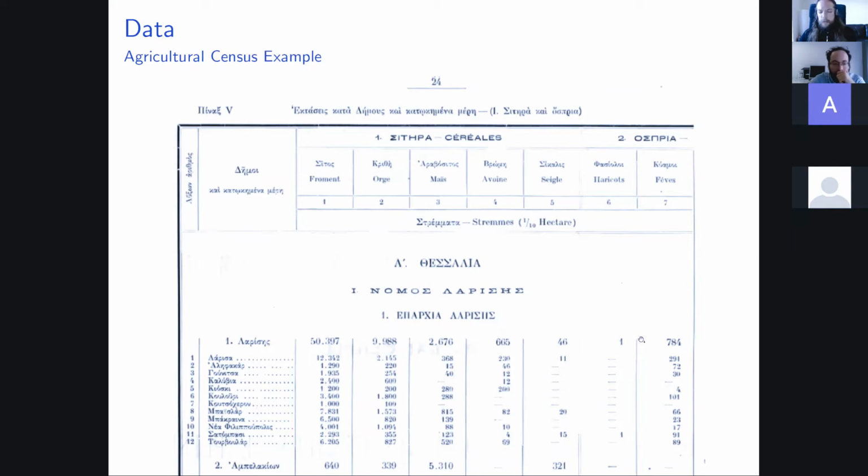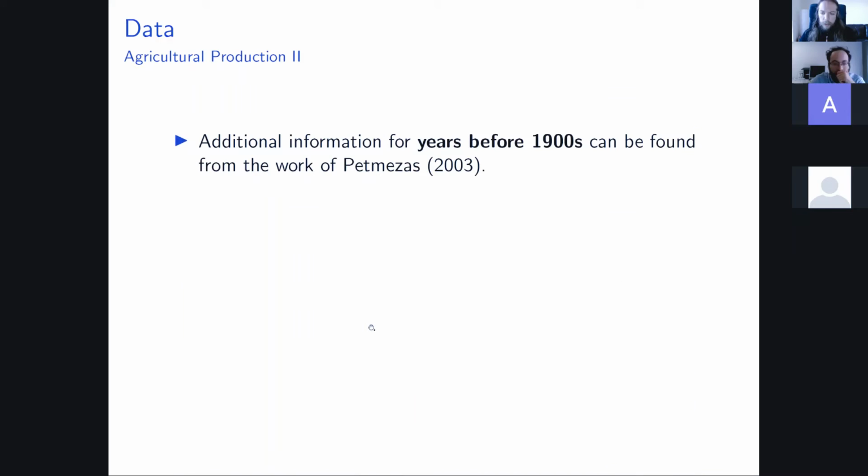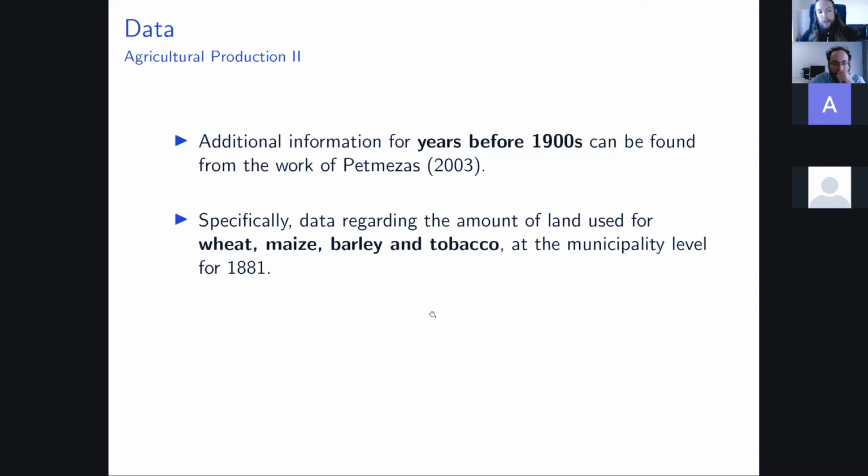This is just an example of the data. So you see here that you have the wheat, the maize, and these are the places, so the communities within a certain municipality. And we also have information about years prior to 1900. So we have specific information about wheat, maize, barley, and tobacco.